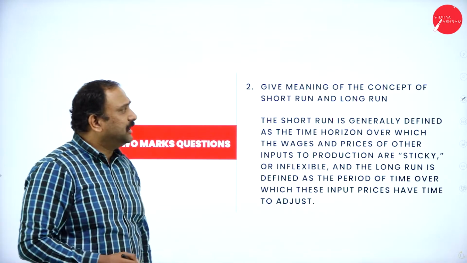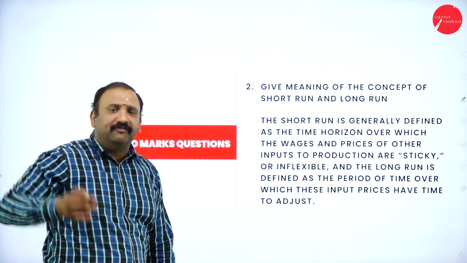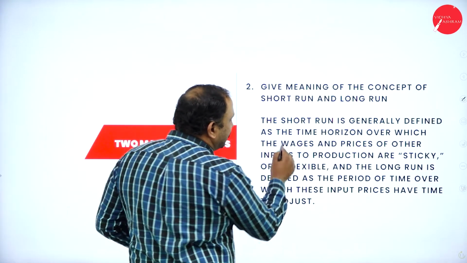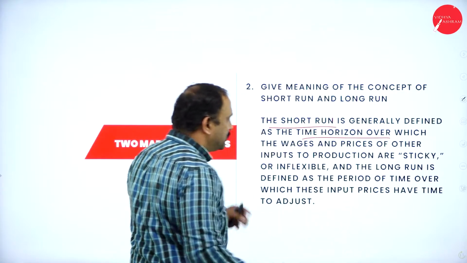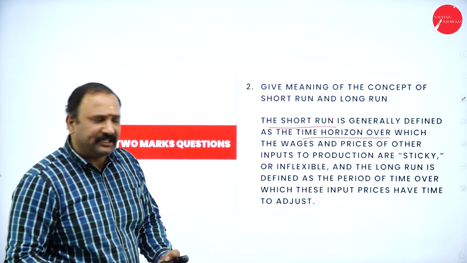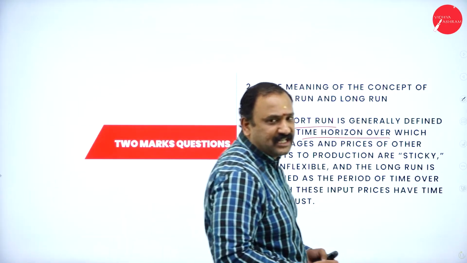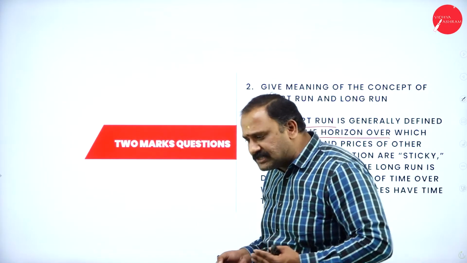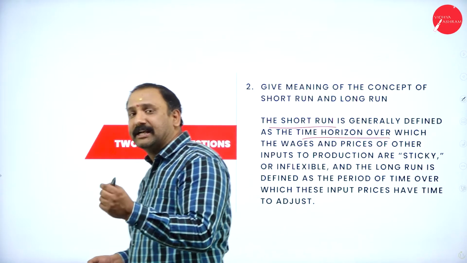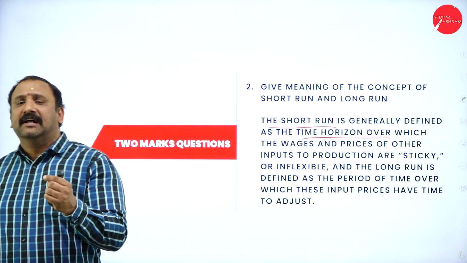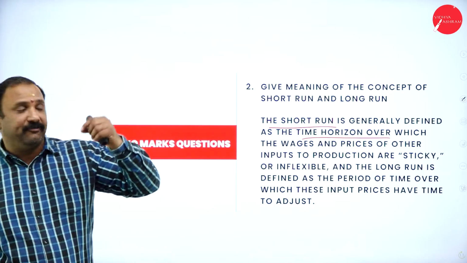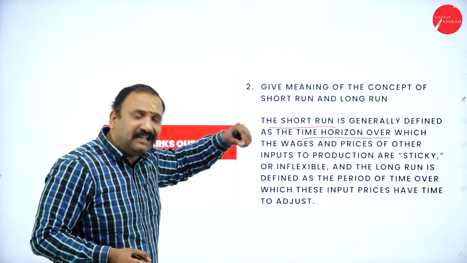Followed by, give the meaning for the concept of short run and long run. Short run is generally defined as the time horizon over which wages and prices are determined. As I've told you before, the moment I use this word short run, it means a shorter time period. At that point there might be wages, price hikes, and factors which are affecting the production.